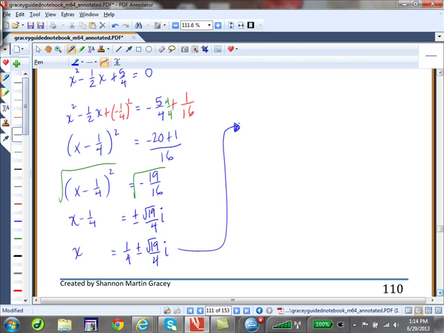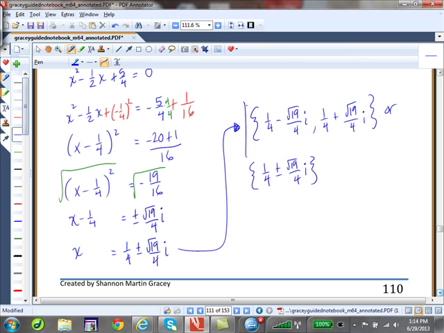We can write it as 1/4 minus root 19 over 4 times i, comma, 1/4 plus root 19 over 4 times i, or the fast way, 1/4 plus or minus root 19 over 4 times i. Either one is fine with me. Okay, how we doing?